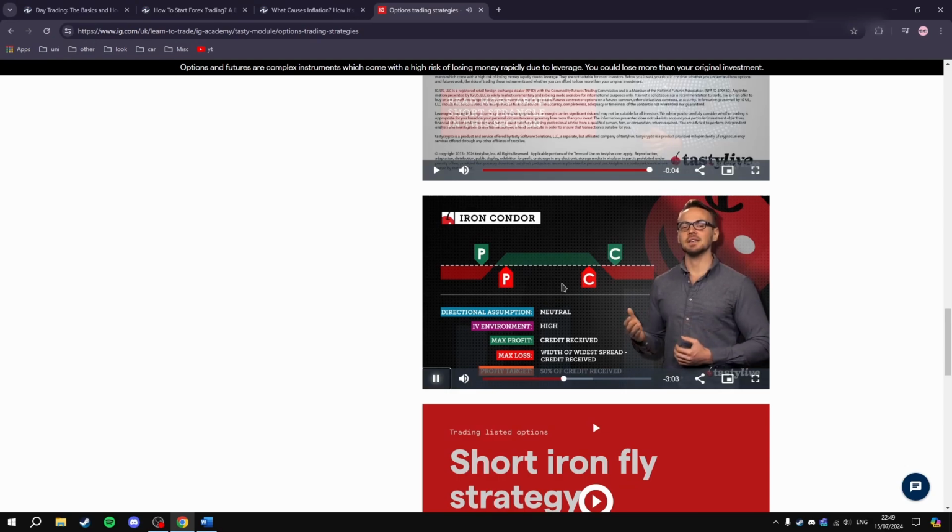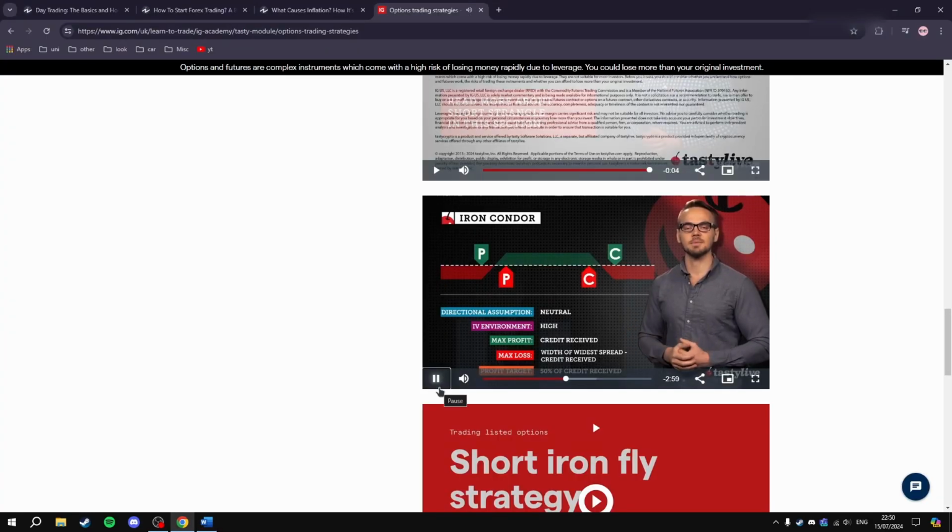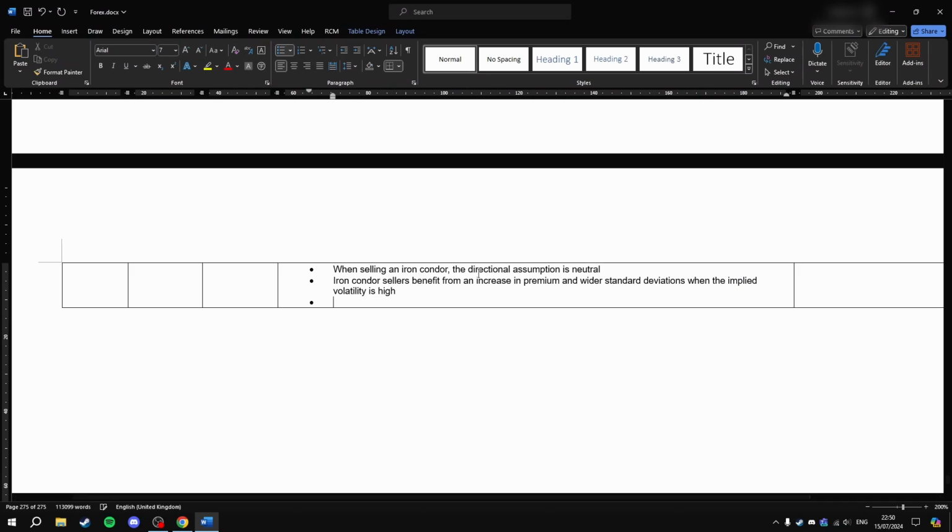The higher the IV is, the further from the stock price we can go while still collecting a decent premium.